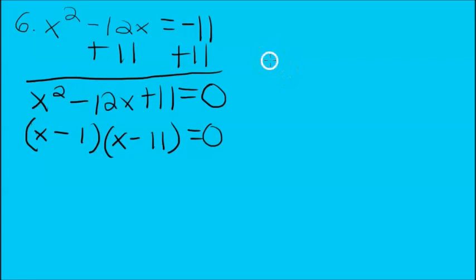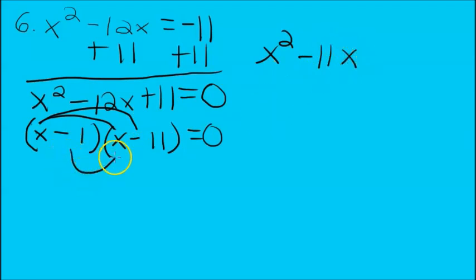So we have x times x, which is x squared. We have x times negative 11, which is negative 11x. We have negative 1x. And then we have negative 1 times negative 11, which is positive 11.